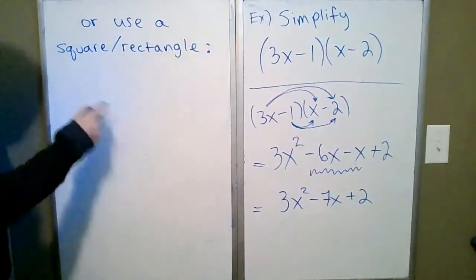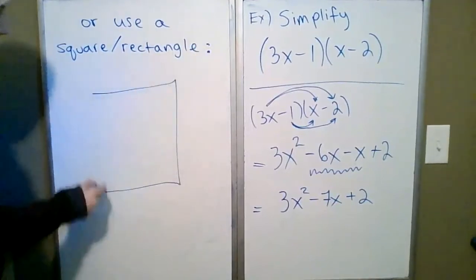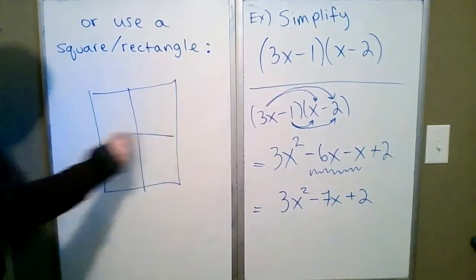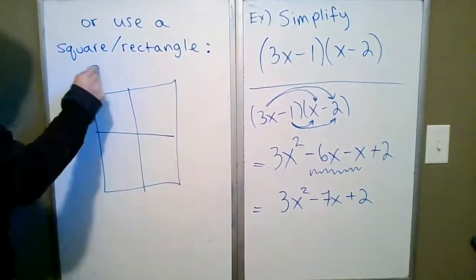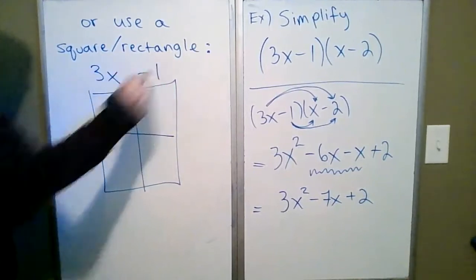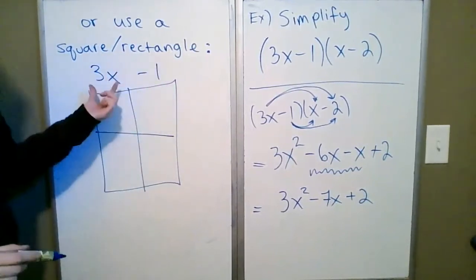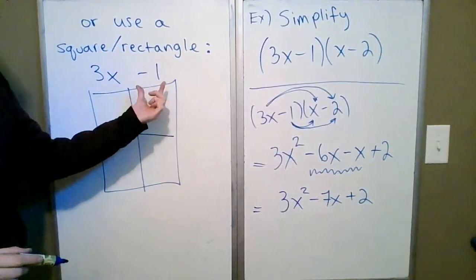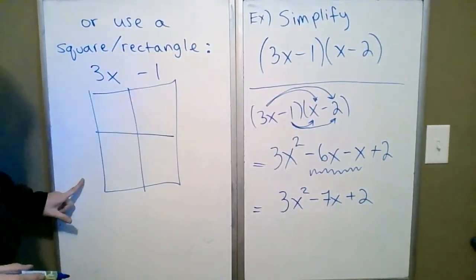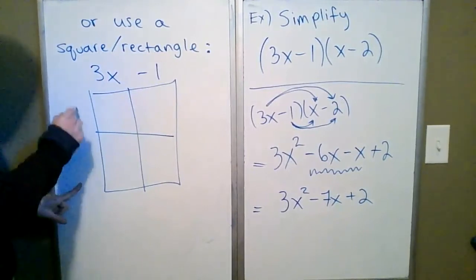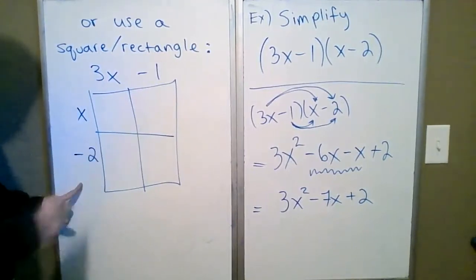This one's going to be square. You have 3x minus 1, kind of like 3x here, negative 1 there. Then multiplied by x and negative 2, x minus 2.